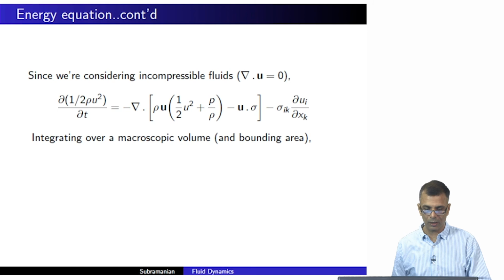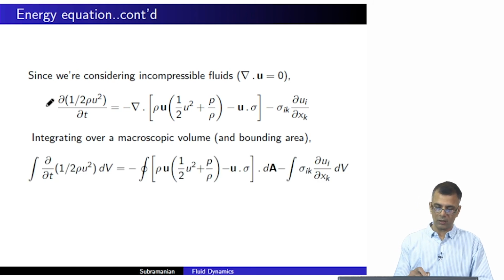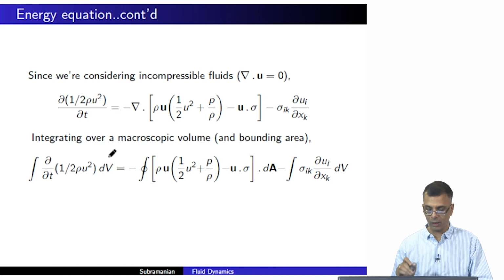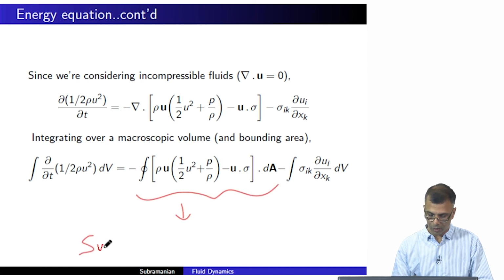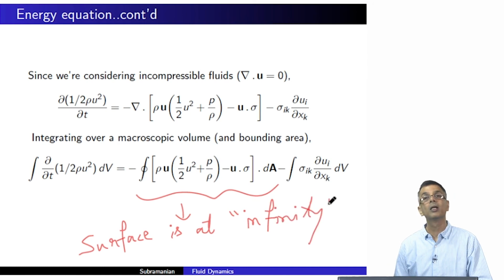The integration is over the volume, and since this is a divergence, it becomes an integration over the surface area, except now the surface area is at infinity, and this is important.